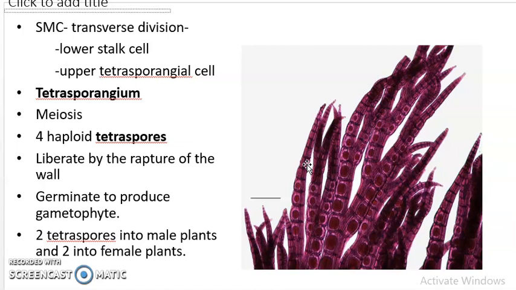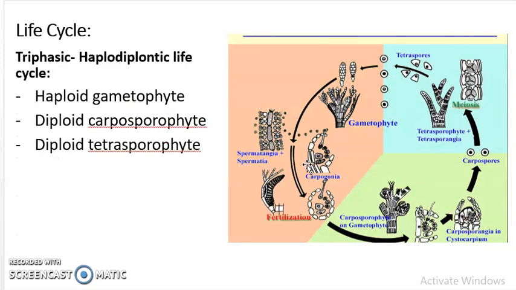Its diploid nucleus undergoes meiosis to form 4 haploid tetraspores. When mature, they are liberated by the rupturing of the sporangial wall and germinate to produce the haploid gametophytic plants. In Polysiphonia, out of the 4 tetraspores, 2 germinate into male gametophytes and 2 into female gametophytes.